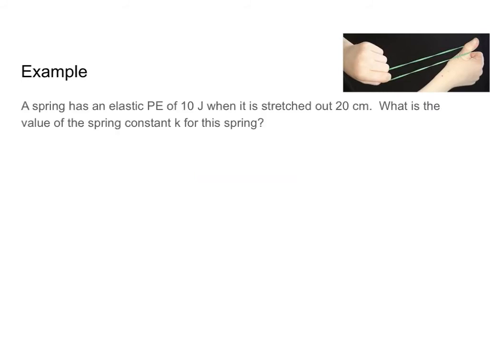A spring has an elastic potential energy of 10 joules when it is stretched out 20 centimeters. What is the value of the spring constant K for this spring? In this question, we're flipping things around a little bit, and instead of finding U sub E, our elastic potential energy, we're going to use our elastic potential energy to solve for K. So let's start by writing out our givens. UE is equal to 10 joules. And guys, just note, PE means potential energy.